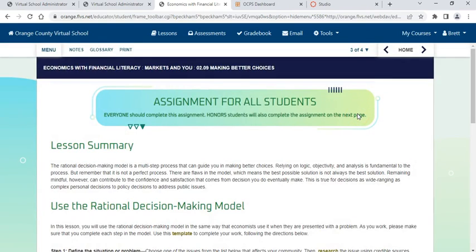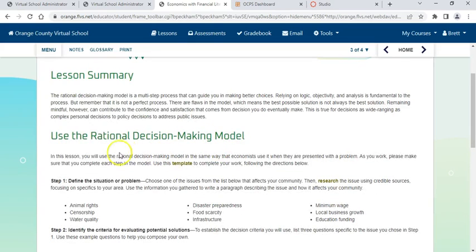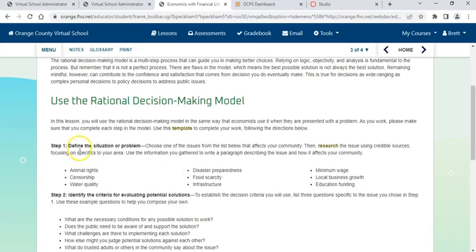There's a problem, multiple options, what are the negative impacts of some of those options, what's the best potential solution. So for the assignment for all the students, everyone has to go through a rational decision-making model, and you're going to click on that link for the template, and I'll show you that template in a second here. You're going to define the situation or problem.